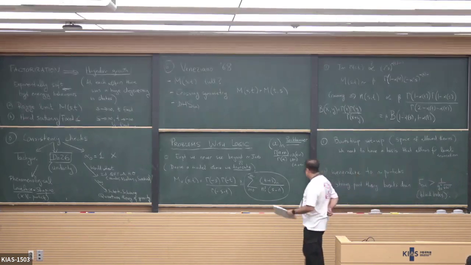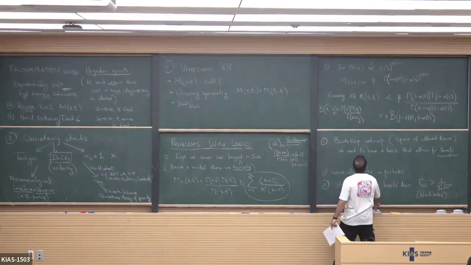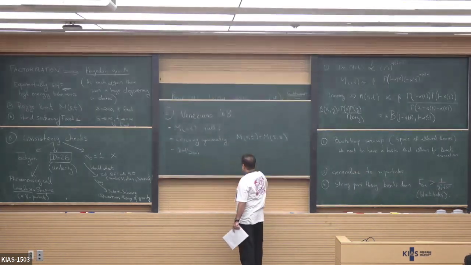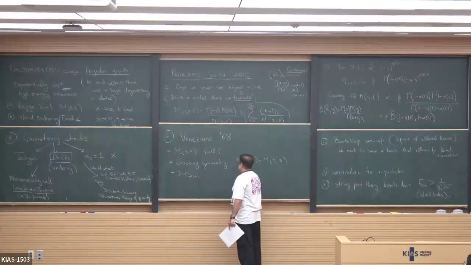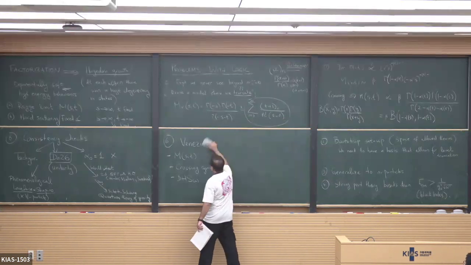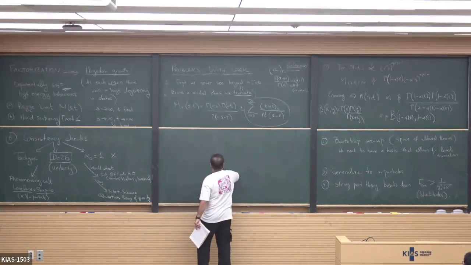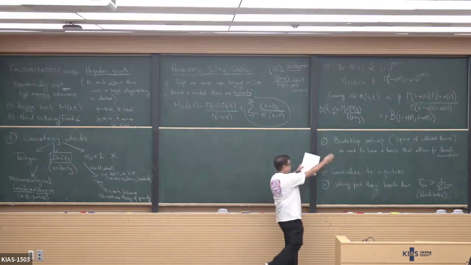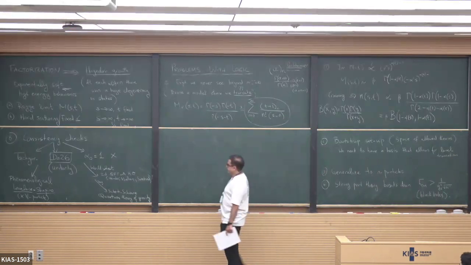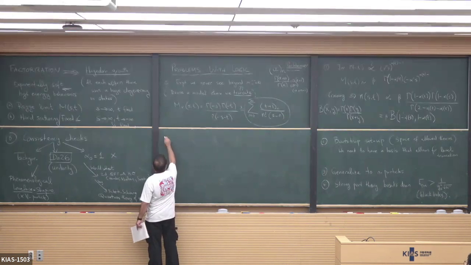Okay. So before we discuss what a way would be to set up this basis, let's quickly discuss how the 5-particle Veneziano amplitude was derived. So this was 9, 10.